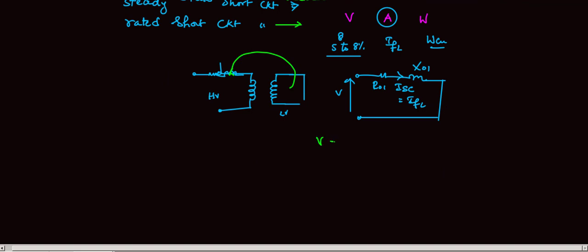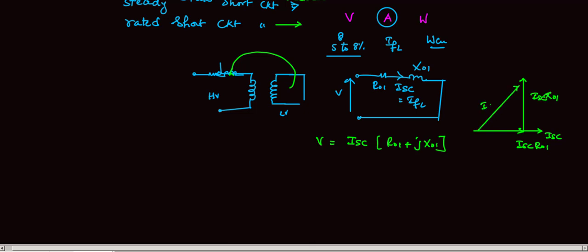You can see here, V equals ISC into (R01 + jX01). So this is V, ISC into R01, ISC into X01, and ISC into Z01.